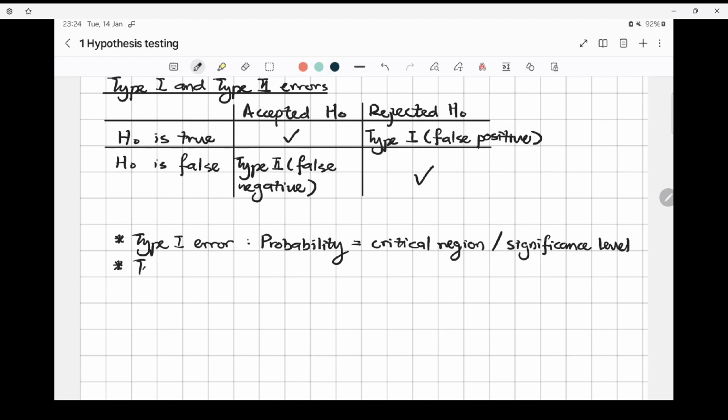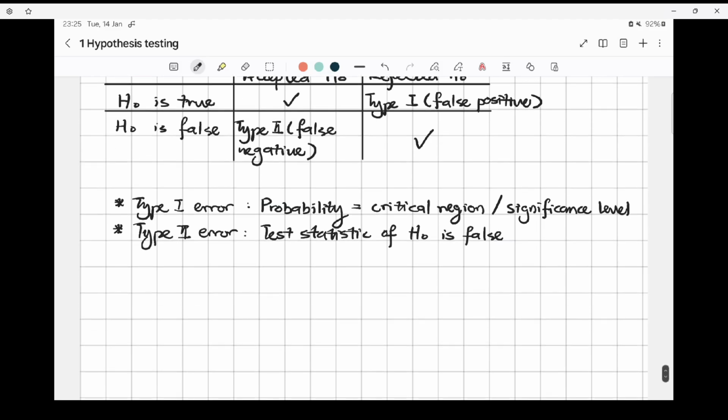So for type 2 error, you need to take the assumption that your H naught is false. Usually when they ask you to calculate type 2 errors, you must have the test statistics of when H naught is false. You need to have this particular test statistics before you can calculate the probability.